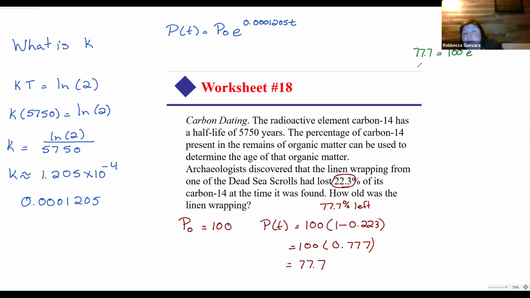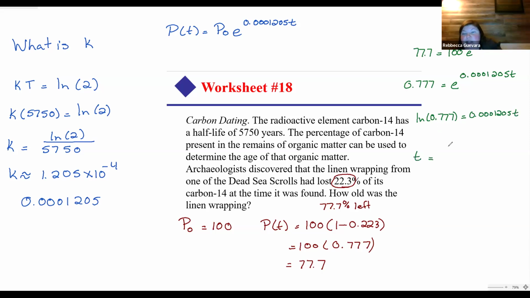If I divide both sides by 100, I'm just left with 0.777 equals e to the 0.0001205 t. If I take the natural log of both sides, I'm left with the natural log of 0.777 equals 0.0001205 t.